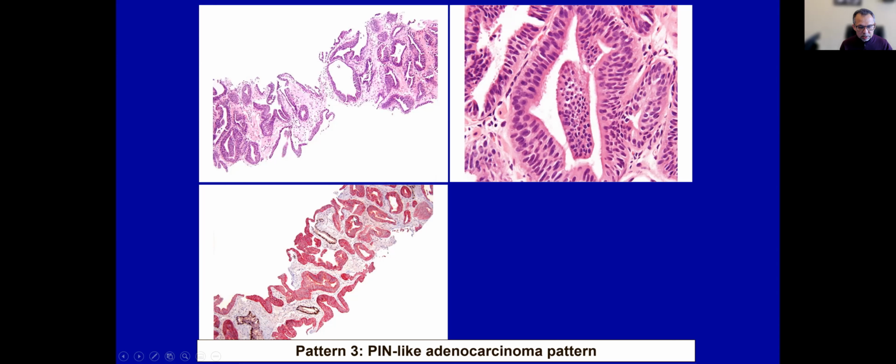And when stained, these glands entirely lack basal cells, and the internal control has a nice strong basal cell staining in benign glands. So PIN-like prostate cancer is characterized by resemblance to high-grade PIN, but crowding and lack of basal cells. It should lack cribriform morphology or papillary morphology. Those two morphologies are not allowed for PIN-like carcinoma.